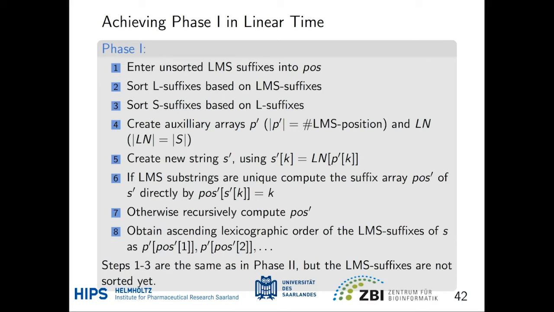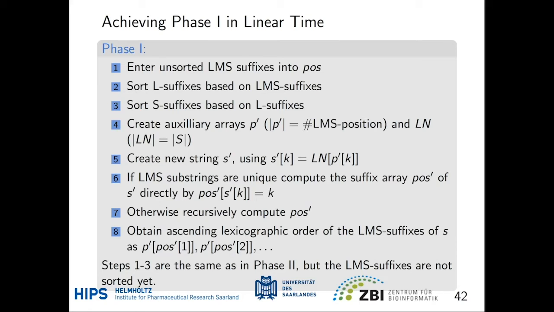If the LMS substrings are not unique, we will need to do additional work on these auxiliary data structures to recursively sort the new suffix array SA prime. And in the end, we're going to obtain the correct ascending lexicographic order of the LMS suffixes.